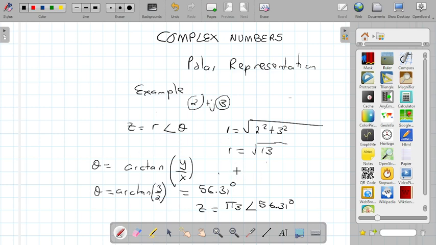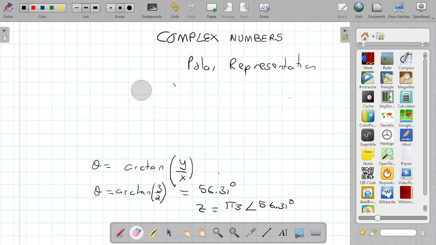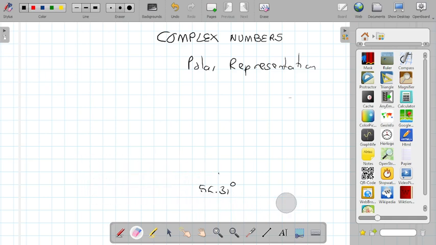What if it is found in the third quadrant? What value of theta must we take? What if it is found in the fourth quadrant? That is the objective of the third part, I think. Yes, where we are going to be doing more examples on what we are talking about, and the applications of complex numbers.